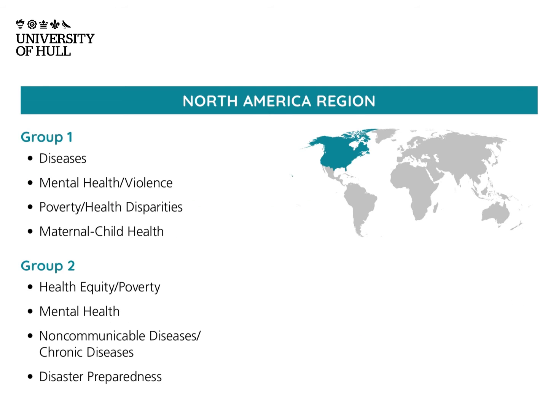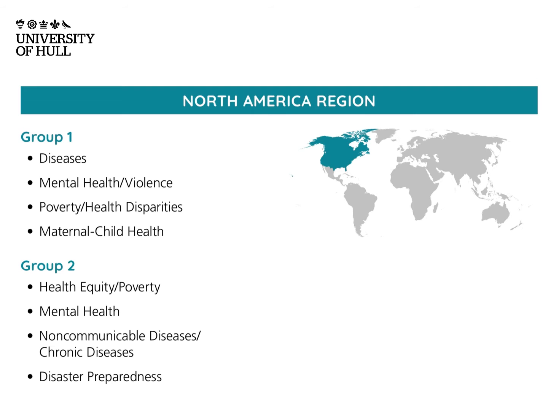North America was so big and had so many nurses that this was divided into two areas, Group 1 and Group 2. They weren't particularly geographically based, but they did come up with some different priorities, but you can see some similarities between them.